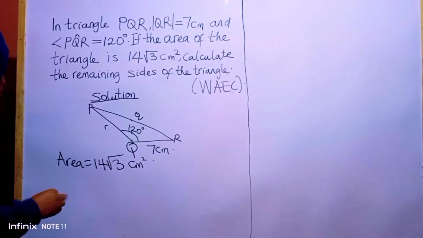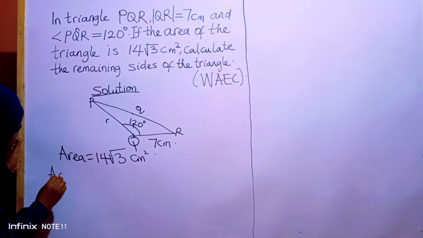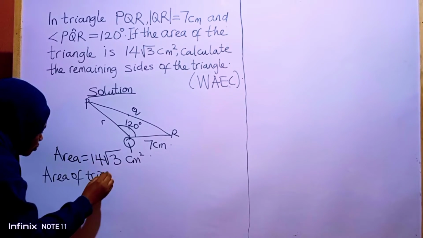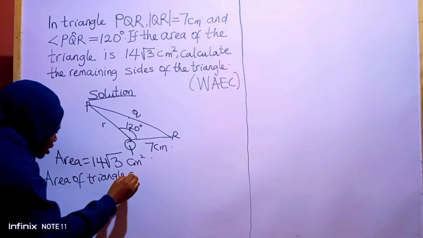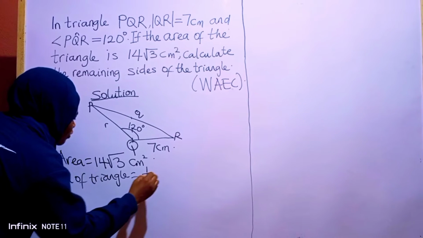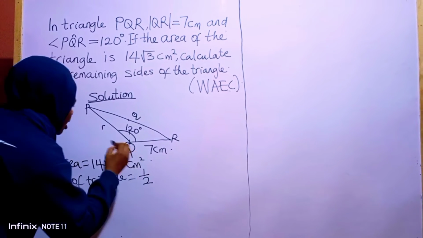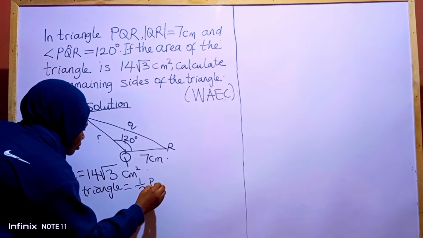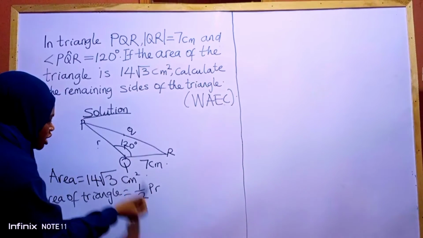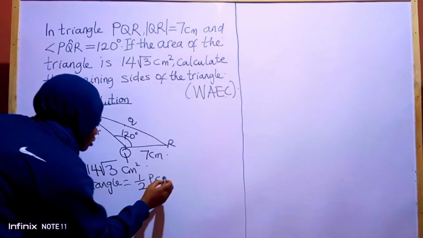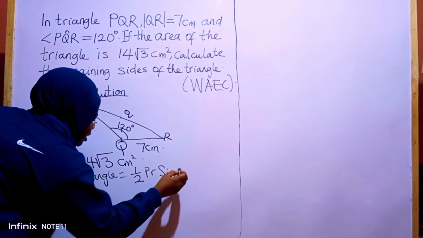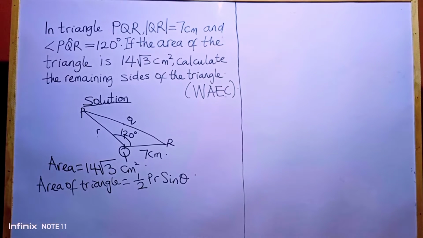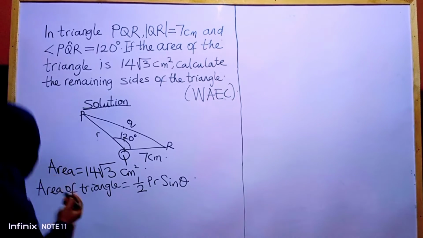So you are going to use the area of triangle is equal to 1/2, then PR, the two sides, sine theta.